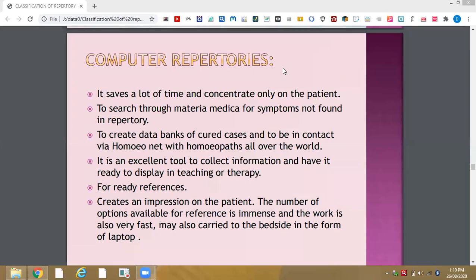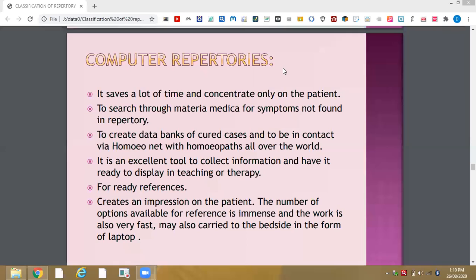these repertories are helpful because they save a lot of time in searching through materia medica for symptoms. If we want to search a symptom through materia medica, there are many materia medicas included in these repertories.